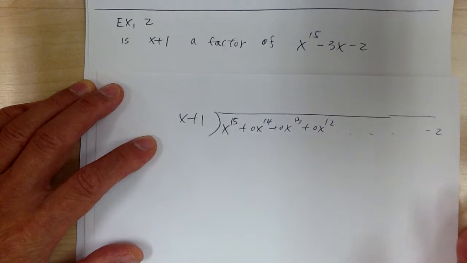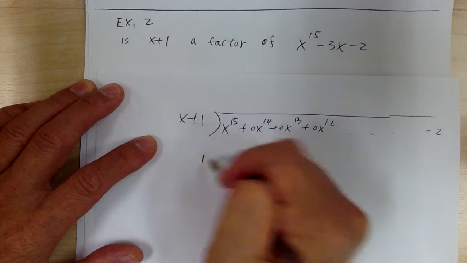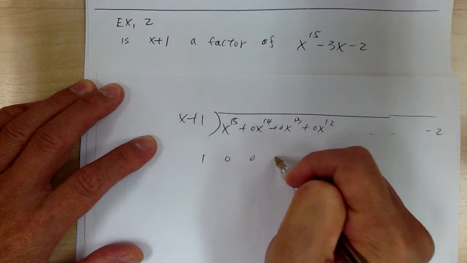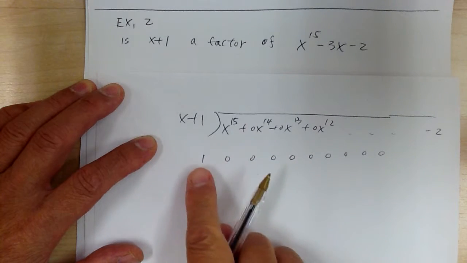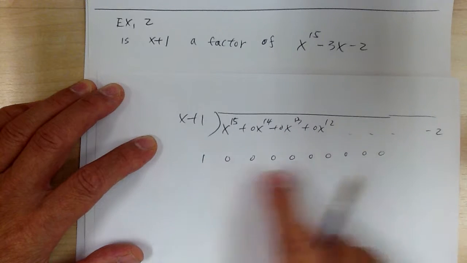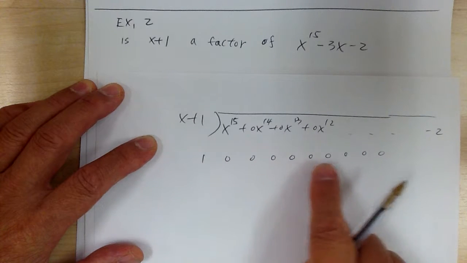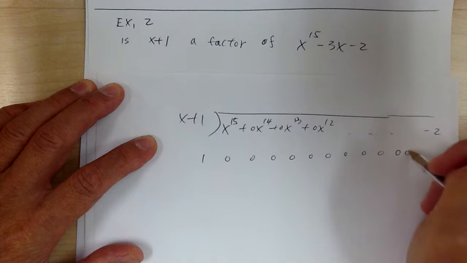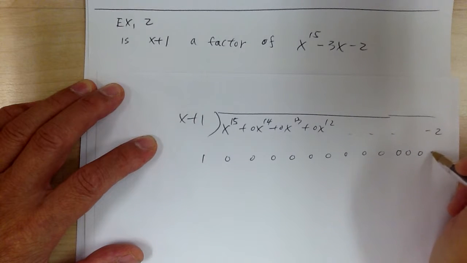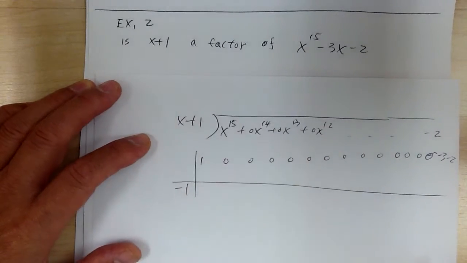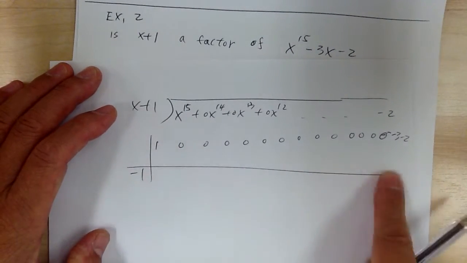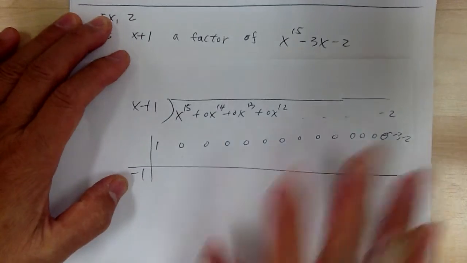Even when you use synthetic division, it's still kind of long because you have to go 1, then 0, 0, 0, and so on, all the way from 15 down. You have to do all these. Even with synthetic division, it's cumbersome. So don't do that.